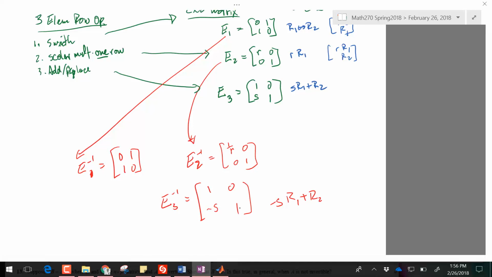So let's think about 1 over a number as the reciprocal. I know a lot of people think of it as the inverse, like the inverse of 2, you think of that as 1/2. But let's try to think about 2 and 1/2 as reciprocals and not inverses, and let's save the word inverse for something like this. So elementary row operation 2, you're multiplying by the reciprocal.